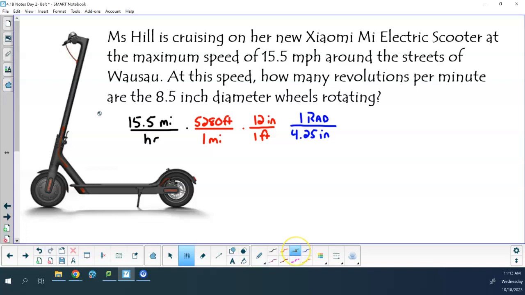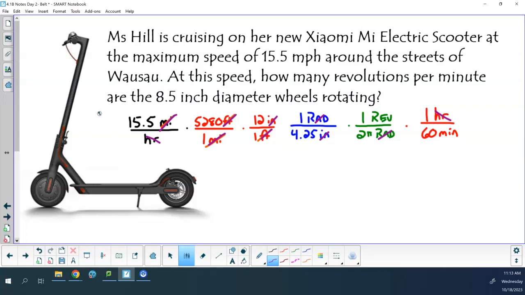Radians. All right, let's see. Miles goes away, feet go away. Miles, feet, inches, radians, hour. Revolutions per minute, that's what I want.